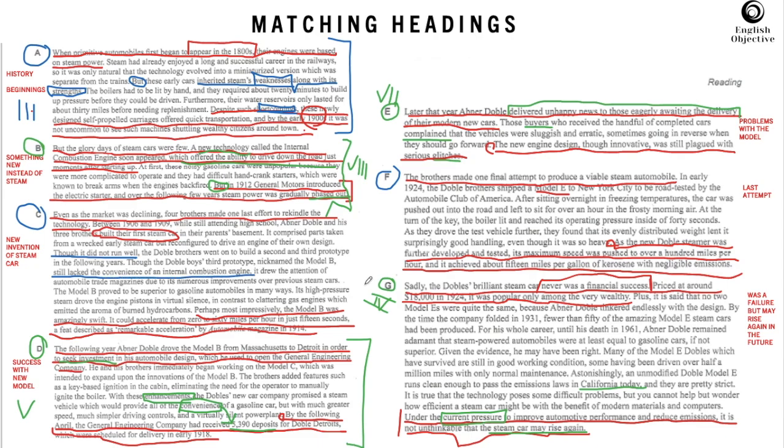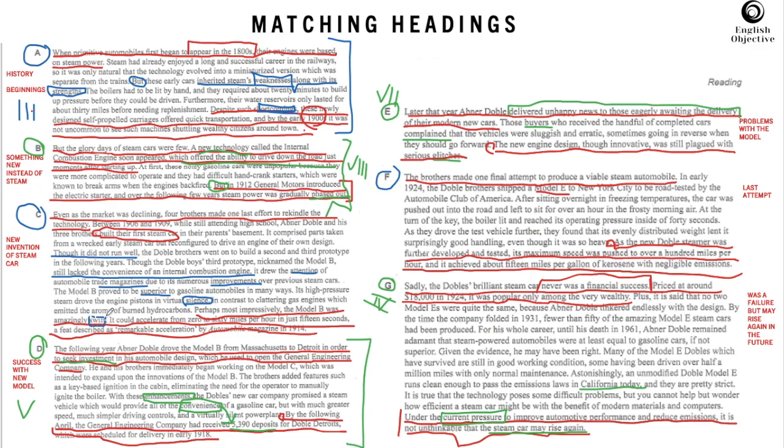It drew attention of the automobile magazines, due to its numerous improvements over previous steam cars. The Model B proved to be superior to gasoline automobiles in many ways. Its high-pressure steam drove the engine pistons in virtual silence, in contrast to clattering gas engines which emitted the aroma of burnt hydrocarbons. Perhaps most impressively, it was amazingly swift.